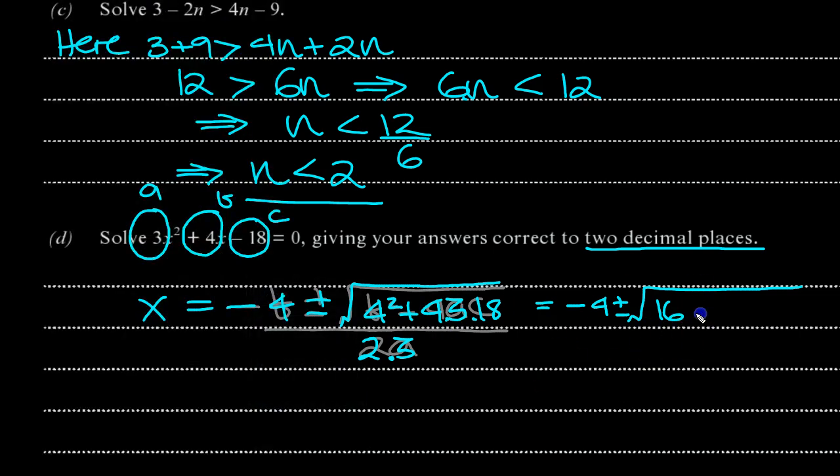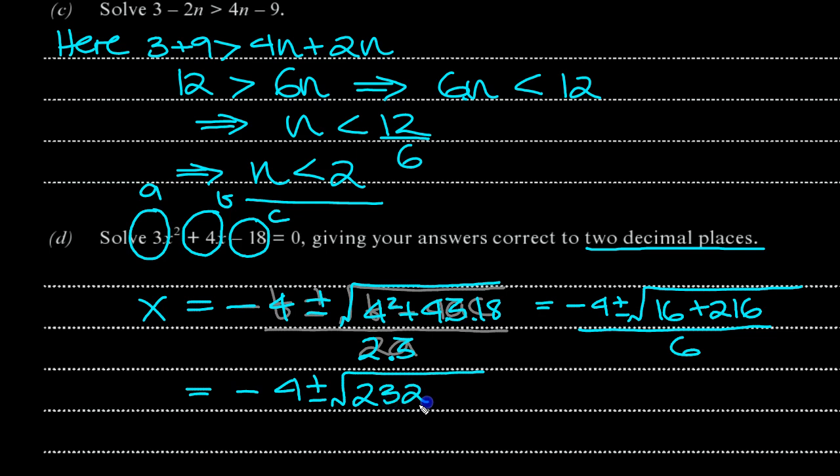So it's plus 216 all over 2 3s are 6. So that's equal to minus 4 plus or minus the square root of 216 plus 16 is 232 all over 6. Let's tap that in the calculator then.